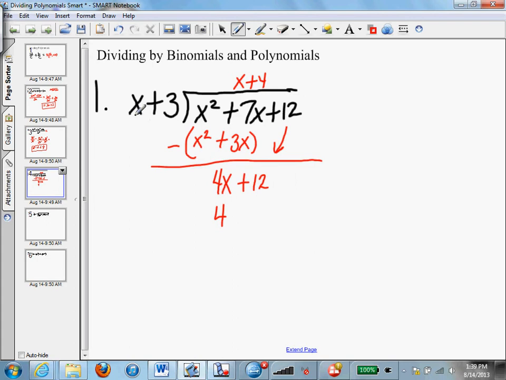So 4 times x is 4x, plus 3 times 4 is 12. Okay, now write that in parentheses and put a minus out in front, because we want the 4x and 4x to cancel out. So 4x minus 4x gives you nothing. Alright, and then 12 minus the 12 gives you nothing. So there's no remainder.